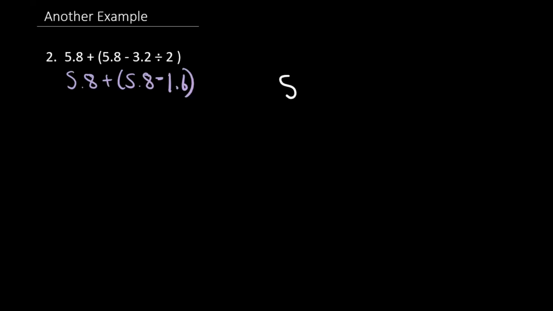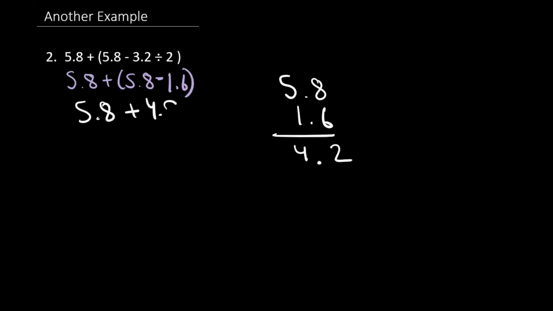Now we do 5.8 minus 1.6. 8 minus 6 is 2. 5 minus 1 is 4. And then you put the decimal point here. We'll be left with 5.8 plus 4.2.